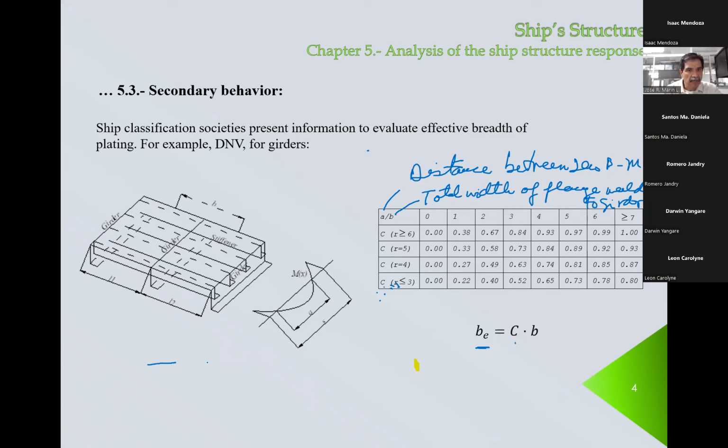So let's suppose this is B, and here I have the girder.